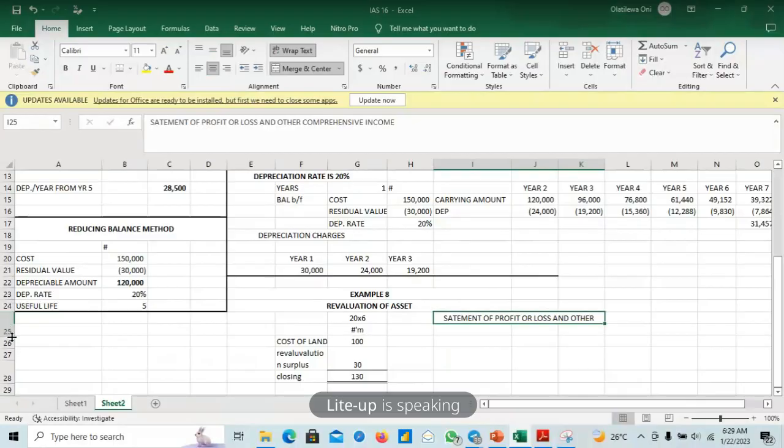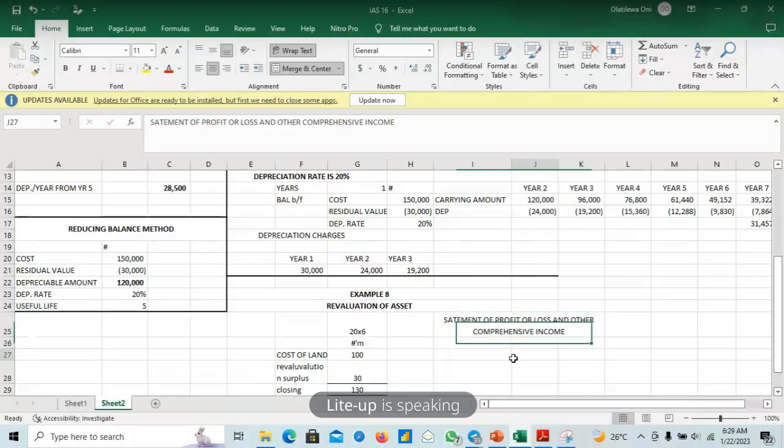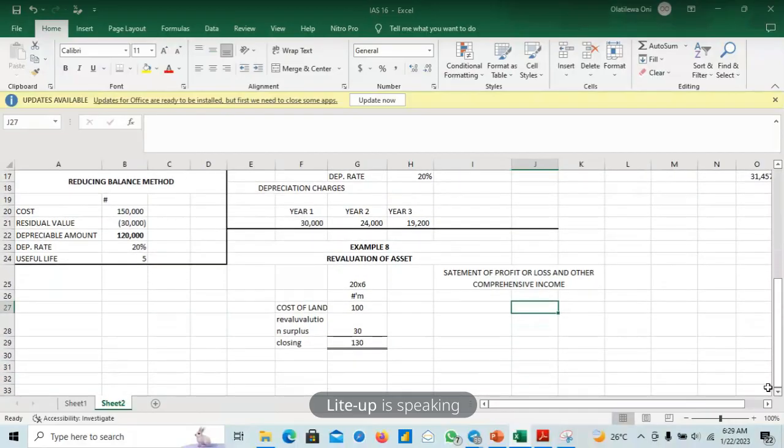Now, what happens is that there is a section for profit or loss in this account, and there's a section for other comprehensive income. Usually, when we are doing it, because I'm still going to teach you the presentation of financial statements, in exam you'll be asked to prepare a financial statement. So you prepare yourself for that.